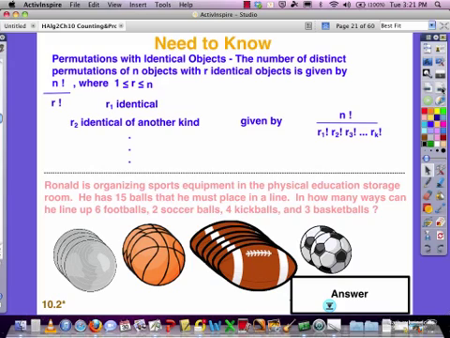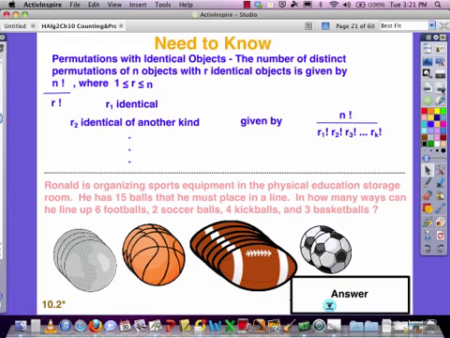So r sub 1 is identical. If you have a second thing that's identical, we'd call it r sub 2. If a third thing, r sub 3. So if you have more than one identical thing, you can see here that it's n factorial divided by r factorial. And each time you have a repeating value or identical object with its number, then you have to use it in your math.